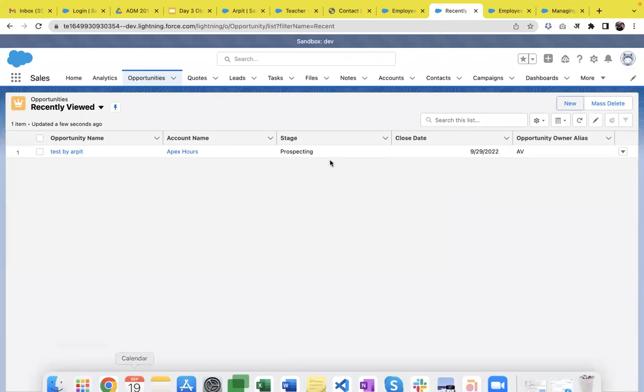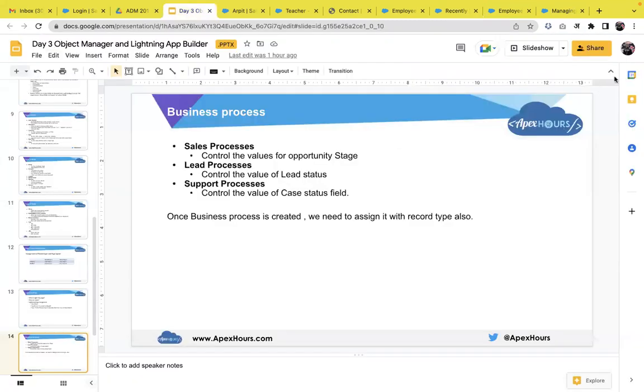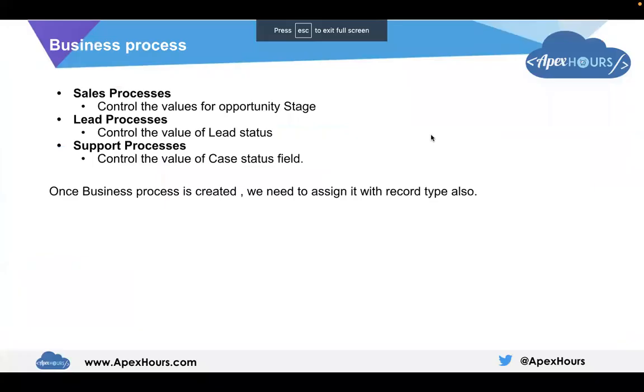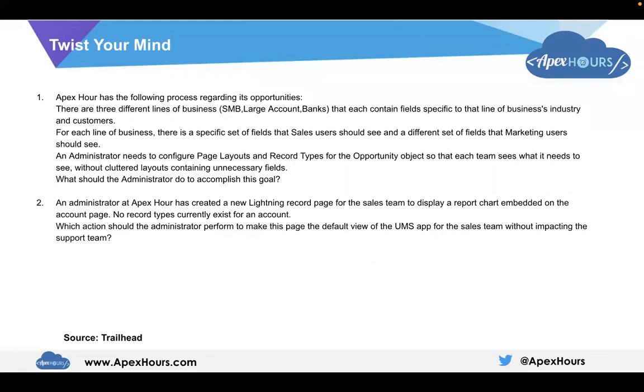So now let's move to slides. What's next? We covered almost everything which is part of this exam outline for this particular topic, which is object manager and Lightning App Builder. So now it's time to twist your mind.